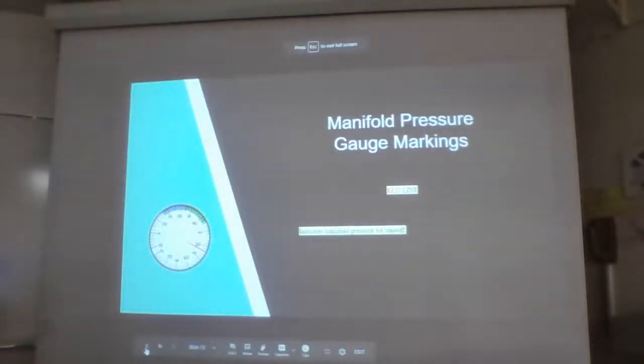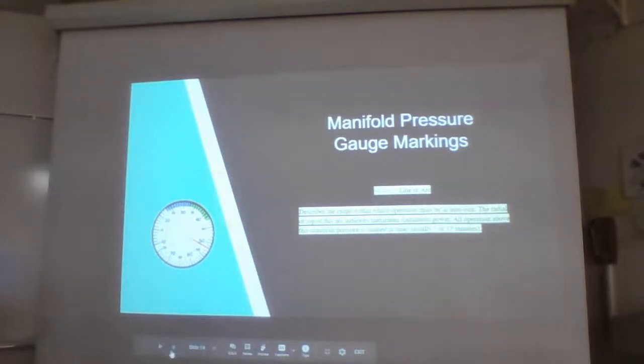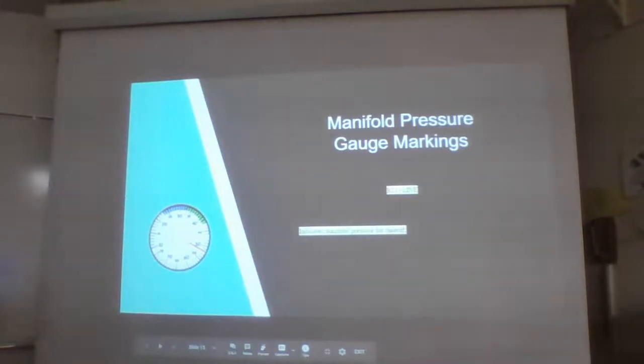Here you see this red line sticking out from the instrument. What that red line means is it indicates manifold pressure for takeoff, and typically manifold pressure for takeoff should be whatever it is for atmospheric pressure; that is usually what it's going to read.